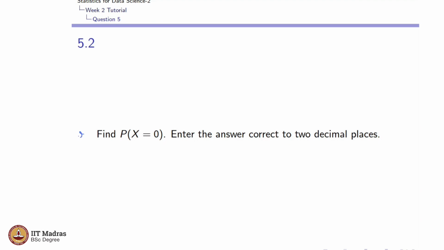The second part of that question is to find the probability that X equals 0. X is the maximum of U, V and W, and we have to find the probability that the maximum is 0. The maximum can be 0 only if each of U, V and W is 0.